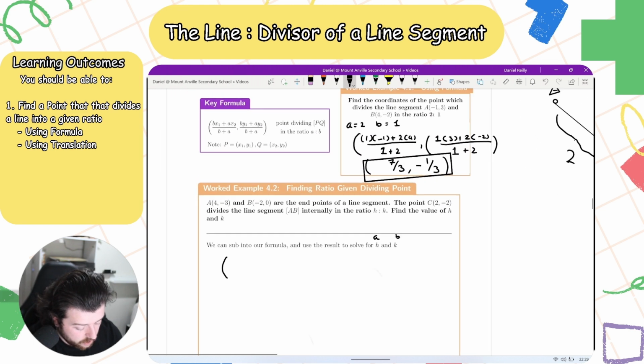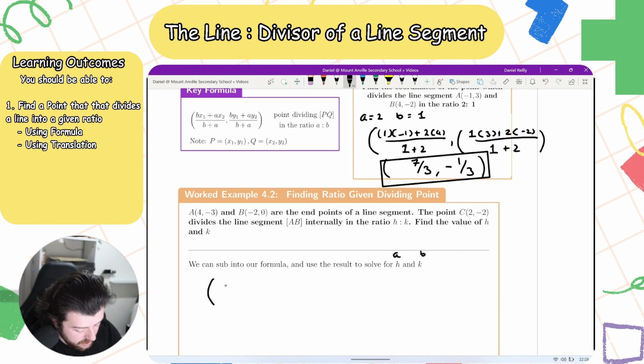So look up here, my formula is B, so k times x1, so x1, y1, x2, y2. So k times 4 plus h times -3 all over h plus k. That's my x coordinate, and my y coordinate is going to be k times -3.